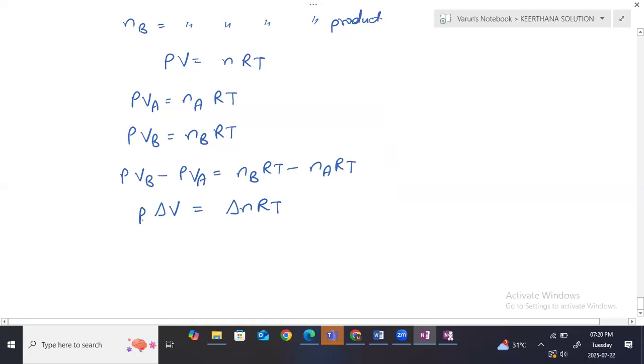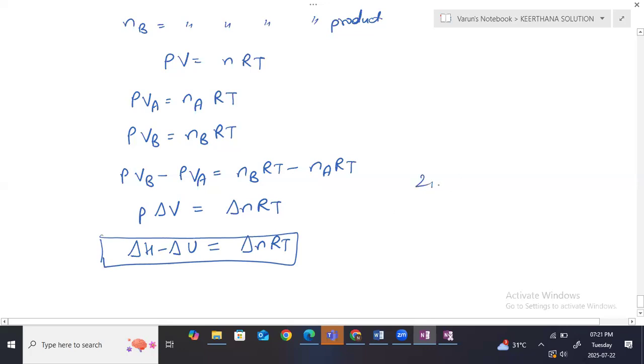I know that P delta V is delta H minus delta U. So for cases of gases, I can write delta H minus delta U equal to delta n RT, where delta n is the difference between the gaseous products minus the gaseous reactants.